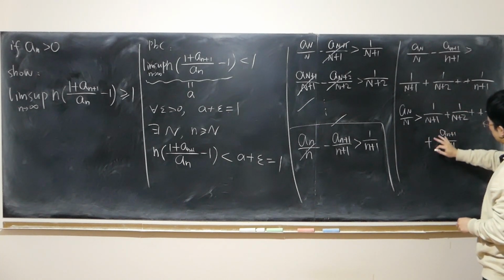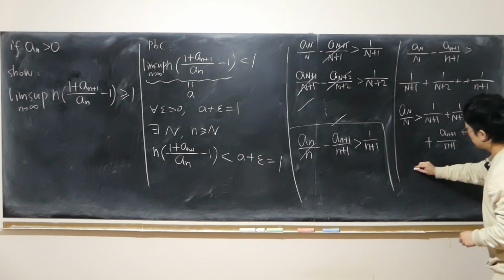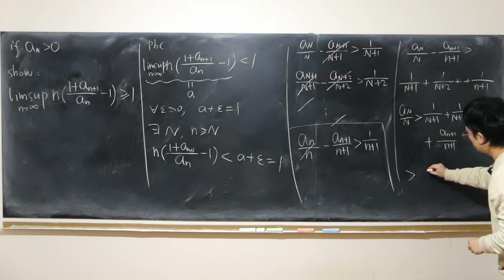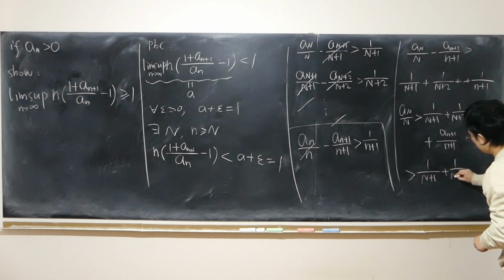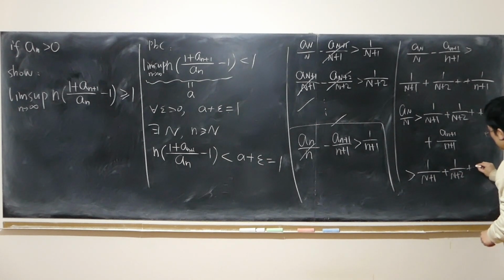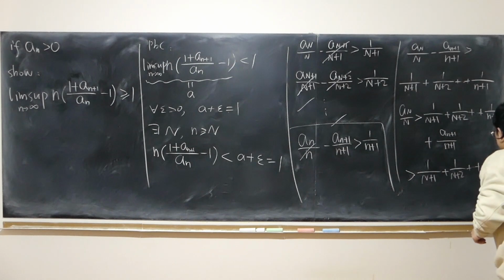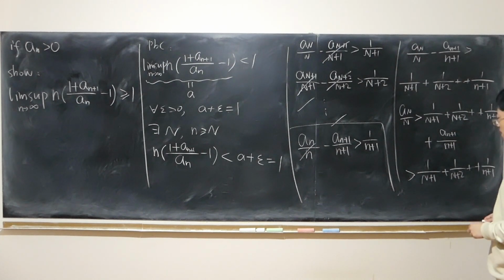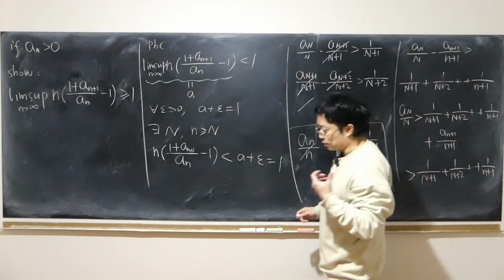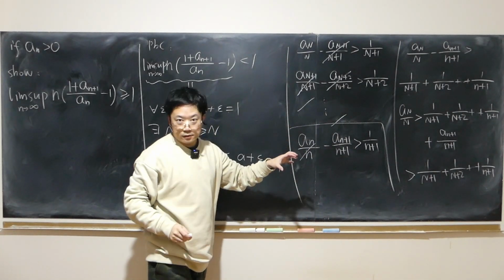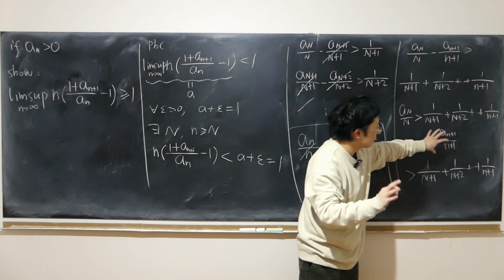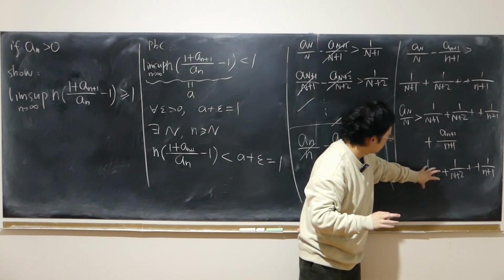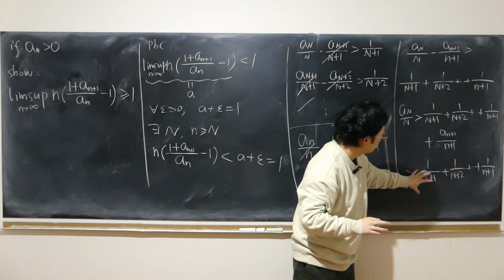If I just get rid of this positive term, it's going to be smaller. So it's still bigger than 1 over capital N plus 1 plus 1 over capital N plus 2 up to 1 over small n plus 1. So I've just loosened the inequality a little bit, but not that much, because this positive term does not affect it. This already tells me something.